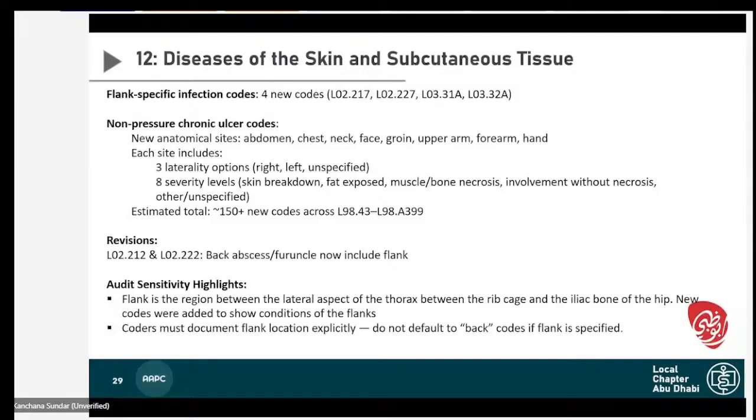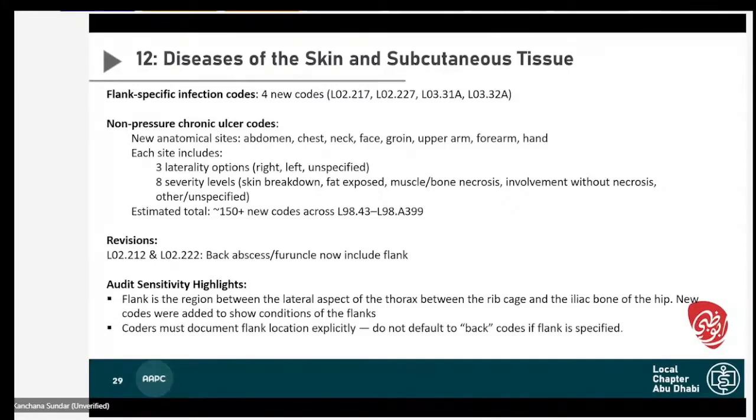But as I told, do not be daunted and intimidated by 487 changes. This is all about laterality and new sites being added. So that is so evident with the description I have included here.